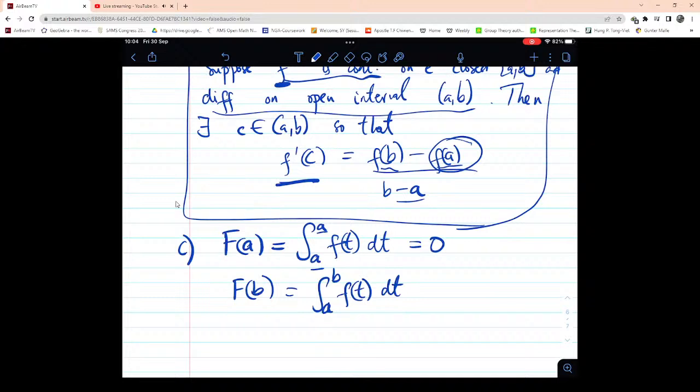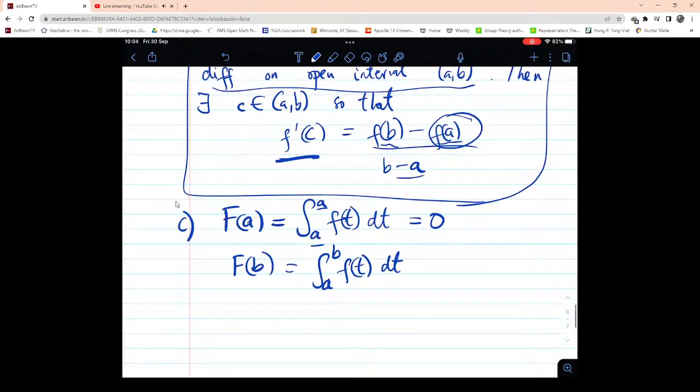We don't know what it looks like, but we can leave it like that. And then if P is an element between A and B, we know from the FTC that F prime of P is going to be equal to f of P, right?